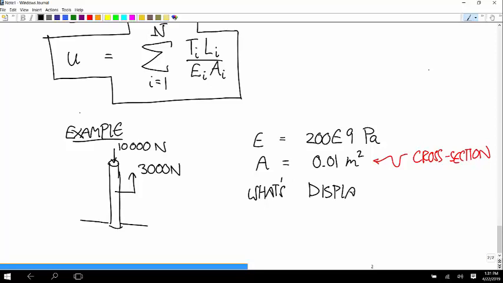What's the displacement of the top of the pole?